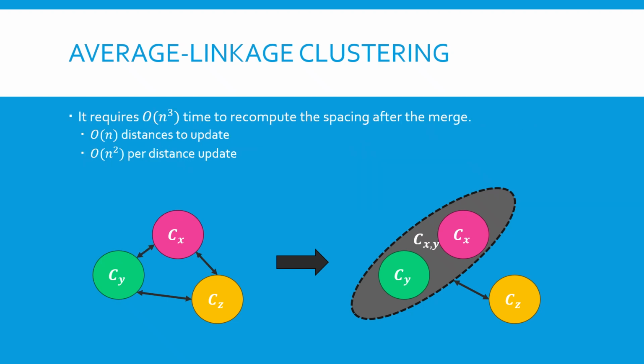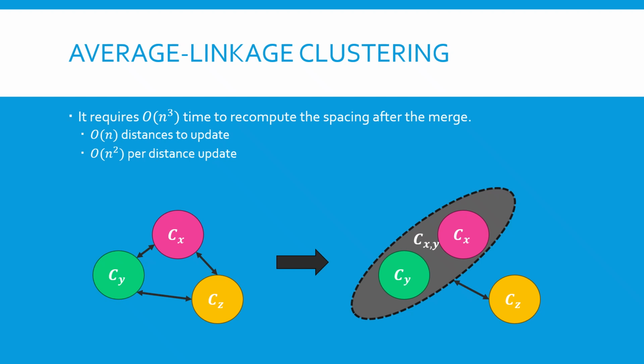We must recompute this new distance from scratch because it depends on all pairwise distances between the objects in Cxy and objects in Cz. Because each cluster can contain up to O(n) objects, this computation takes O(n squared) time.